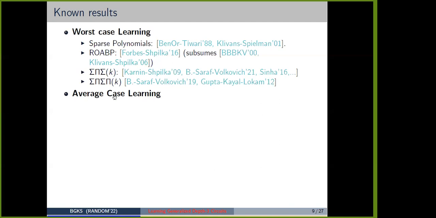So let's look at what we know for worst case. We can learn sparse polynomials, ROABPs, and depth 3 and depth 4 circuits, assuming the top fan-in is bounded. There are quite a bunch of technical conditions which I'm glossing over just to give the overall picture. But again, we need top fan-in bounded conditions, or we need sparse polynomials, things like that.